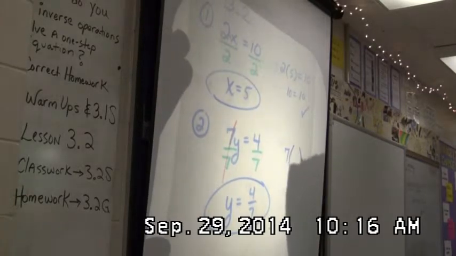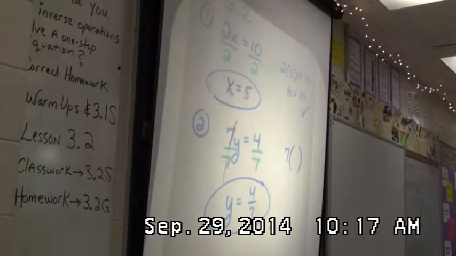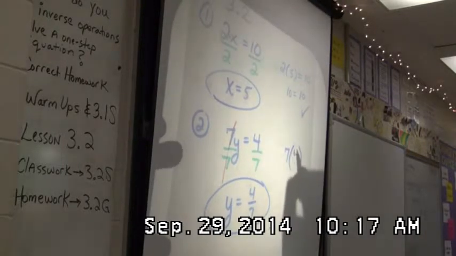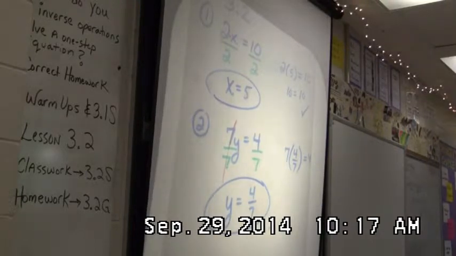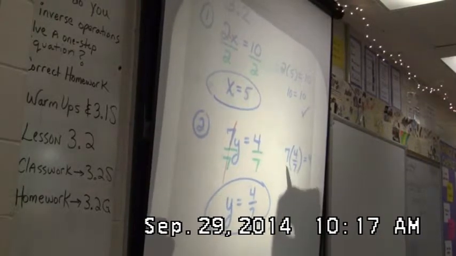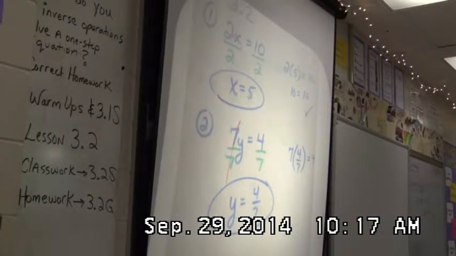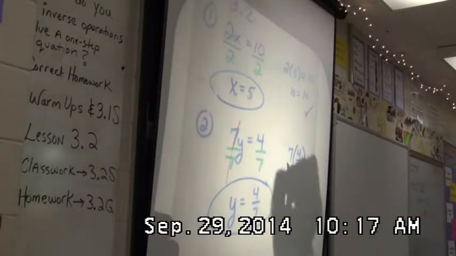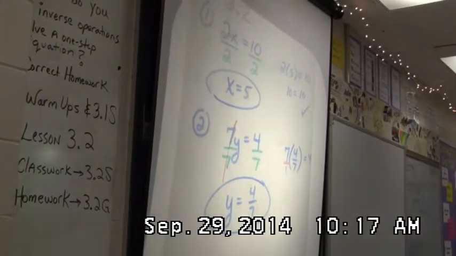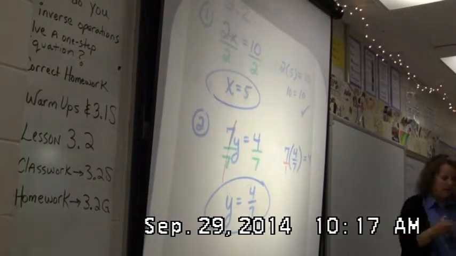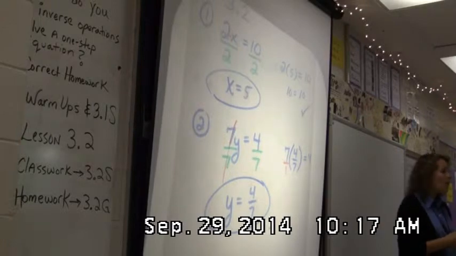7 times our answer. We're going to put that 4/7 back in for y, and it's supposed to equal 4. Now when you're multiplying and one is a fraction and one is not, you can put a 1 underneath. And you can either multiply your numerators together and multiply your denominators together and then simplify it.